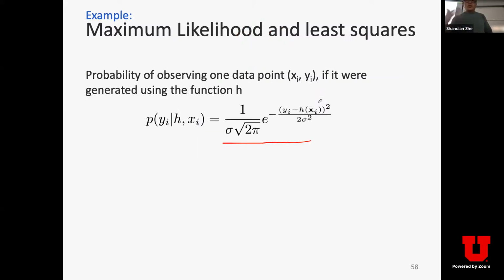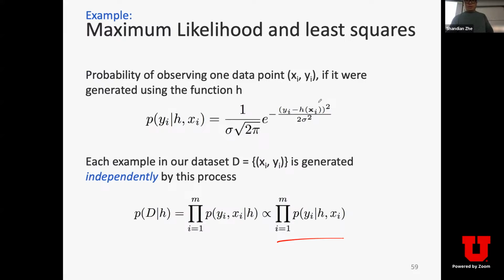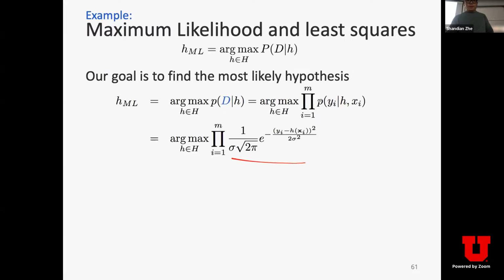But of course, your H does not necessarily have to be the true hypothesis. That's why we run through those hypotheses and find the one with the largest likelihood, and we assume that this one could be the closest to the true target function. Okay, any other question?